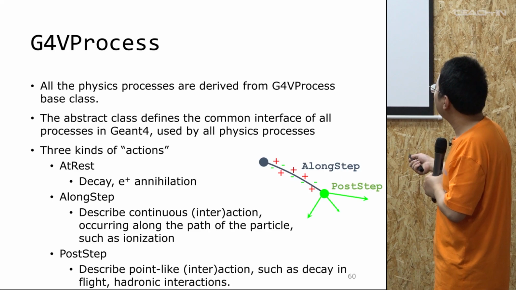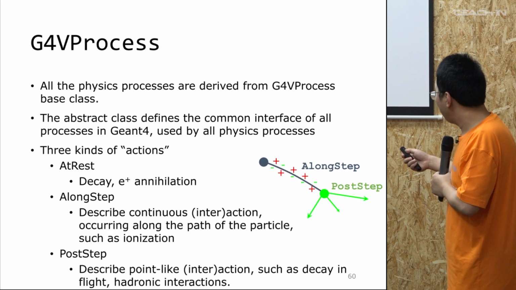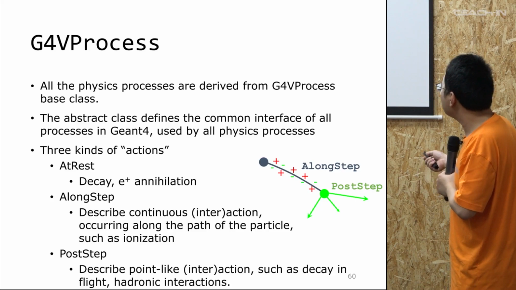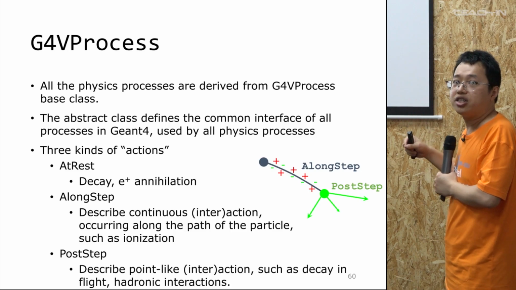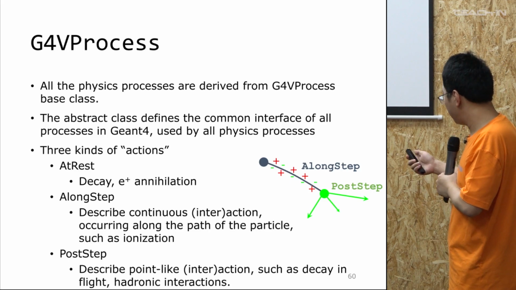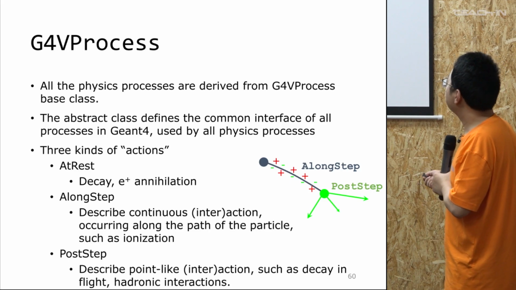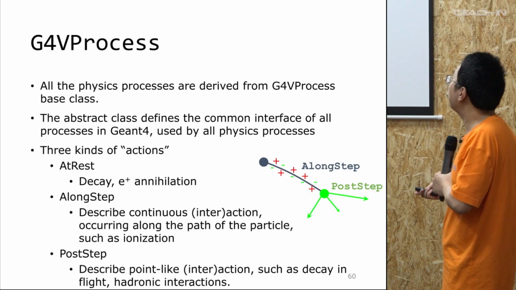This is all done by AlongStep. And then we also have PostStep, which is more like a point-like interaction, for example decay in flight and also hadronic interaction. All these are described by PostStep.